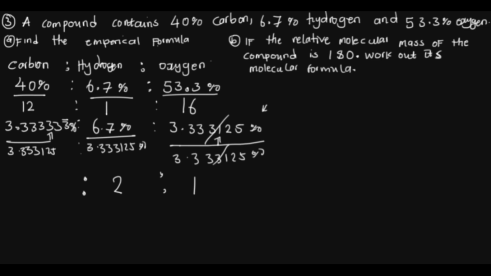Then we go to this one, and I'm getting about 1.00, which is 1. So from there we can see that there is 1 carbon, 2 hydrogen, and 1 oxygen. So that is our empirical formula. Now after finding the empirical formula, let's go to question B.